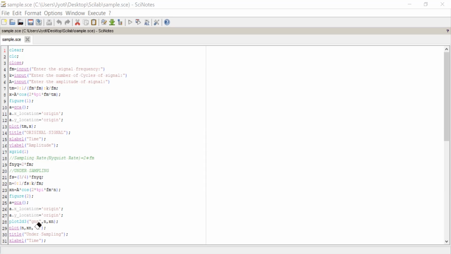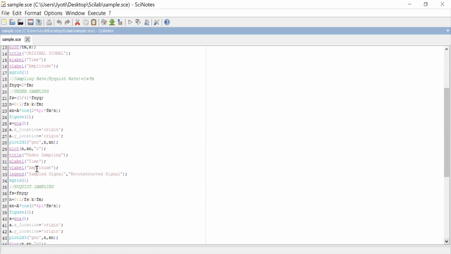R indicates the graph will be shown in red color. If you want a different color, instead of R you can take green, blue, whatever color you want, so that we can differentiate the original signal from the undersampled signal. That's why I took a different color.